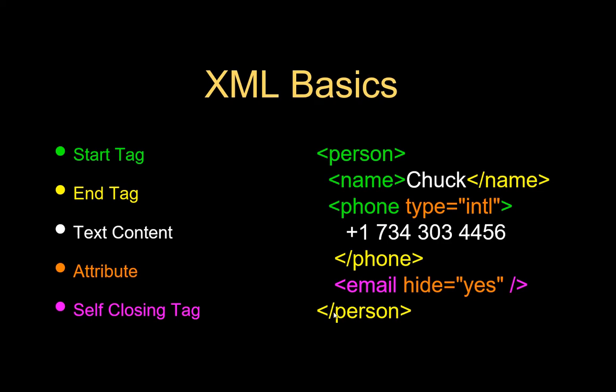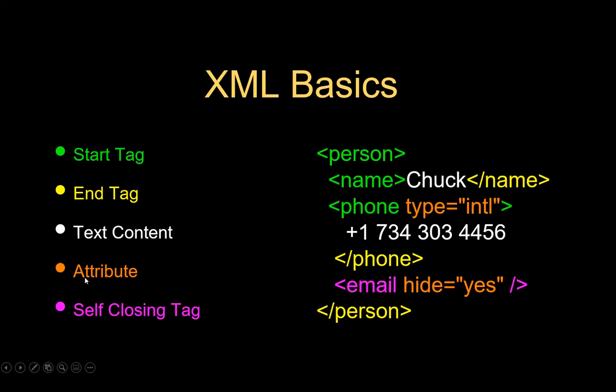Then we have the text content, which is identified here by white. In this case, we have the name, chalk, and the phone number, which is the content of the name tag and the phone tag.